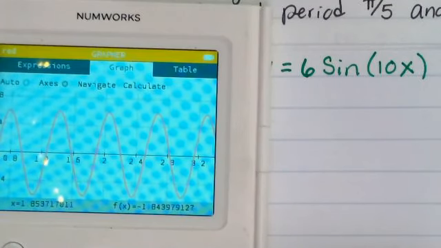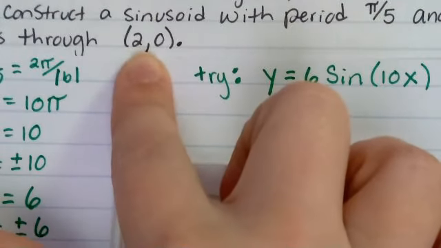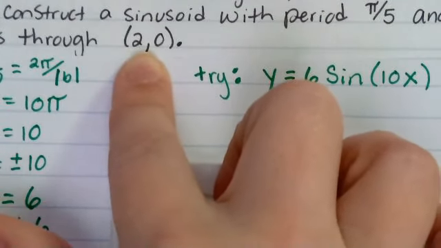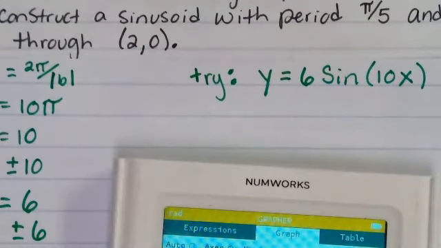It's a little tricky to see it on this graphing calculator. So one thing we've got to figure out is how we are going to get this to go through the point (2, 0). What can we do to change this and get it to go through that particular point?